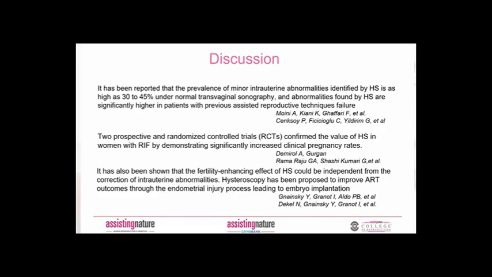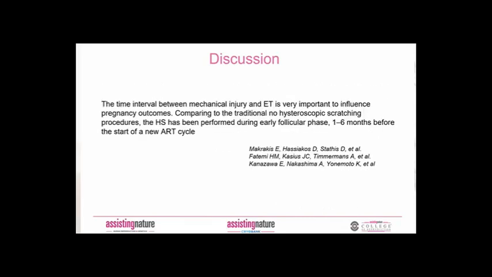Hysteroscopy has been proposed to improve ART outcomes through the endometrial injury process leading to embryo implantation. The time interval between mechanical injury and ET is very important to influence pregnancy outcomes.